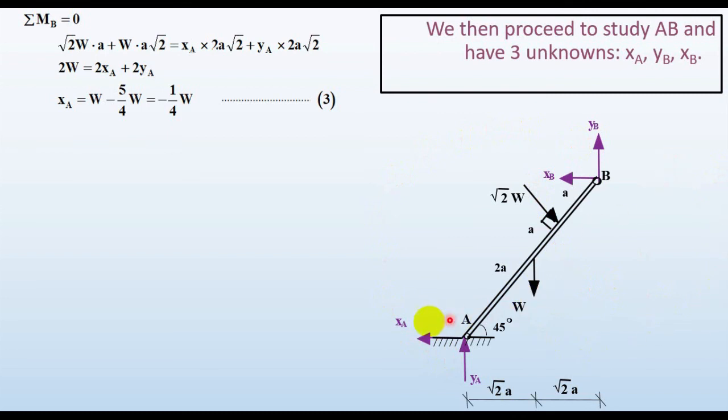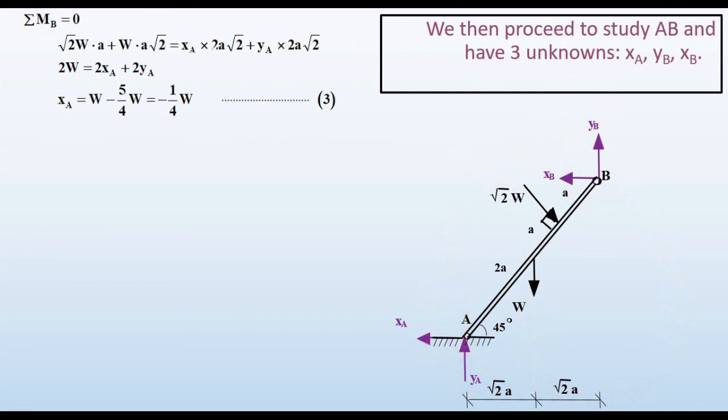So that means I have square root of 2 W in that direction, a W in this it will be a square root 2, equal the other 2 coming from the other side.